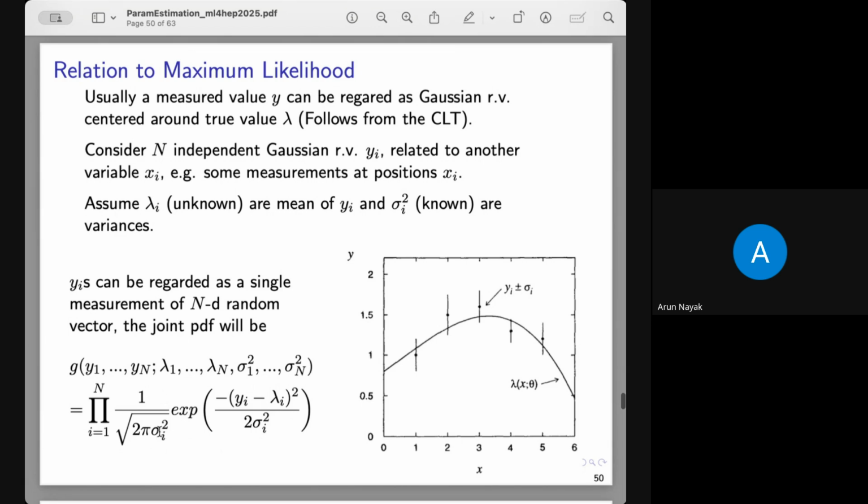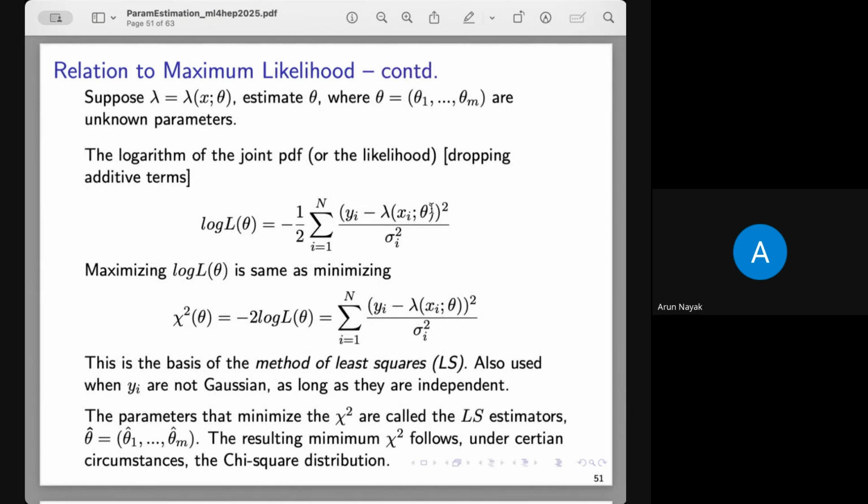Since the sigma i's are all known, this gives some constant, so we drop these constant terms and keep only the ones which depend on theta. So this is this term here, which is the sum over (yi minus lambda) squared by sigma i squared.